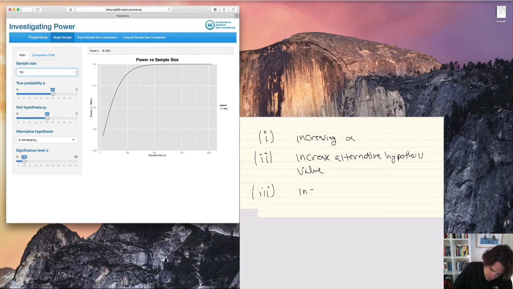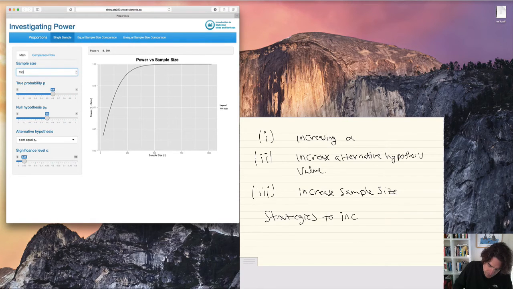So these are strategies to increase power.